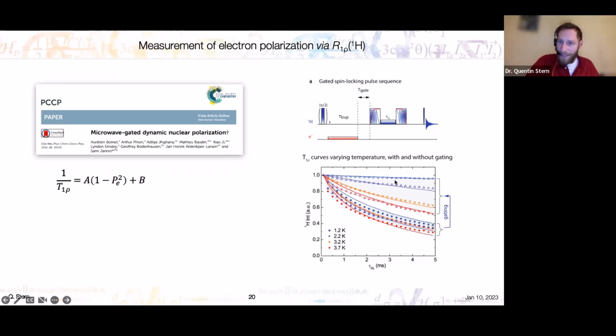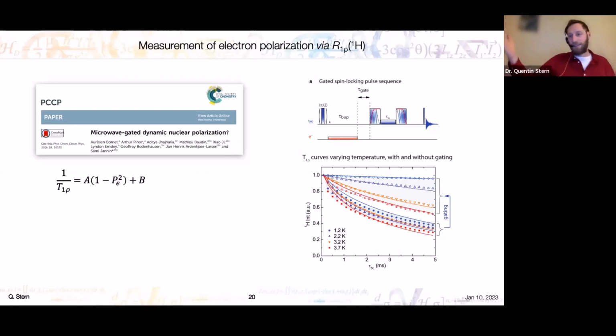And these are decay curves as a function of the spin lock time. So this tells you how the nuclear spins relax in the transverse plane during the spin lock. If you don't gate the microwave, you see these different curves at several temperatures between 1 and 4 Kelvin. And if you gate the microwave, then you have much less relaxation due to this 1 minus p squared term.